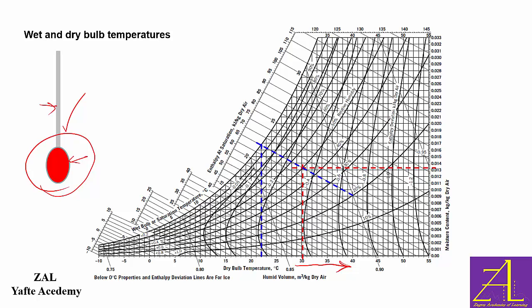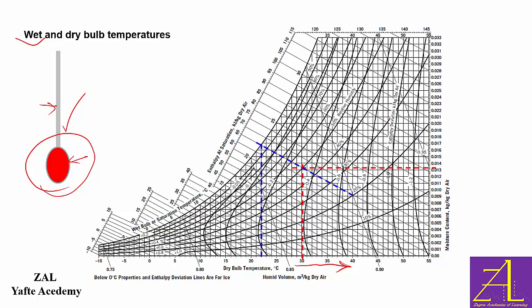So the temperature reading will not be the same as before. That temperature is called wet bulb temperature, because the bulb is wet in that case. When you go to a swimming pool and then come out of the swimming pool, you feel a chill on your body. That chill is actually wet bulb temperature that you feel, which is cooler than if your body was dry.